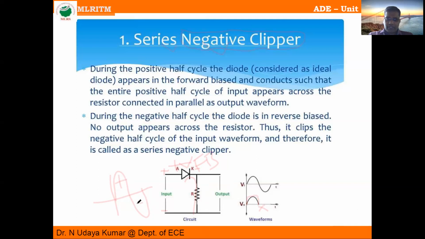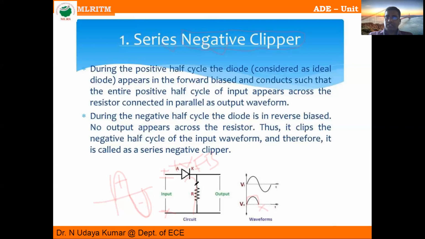Whenever the negative portion is given, now this terminal is negative, this one is positive. So the negative terminal is given to the anode terminal. The anode already holds positive charge, this one is negative. Both are attracted. So junction width increases. Finally we can say that it is reverse biased.